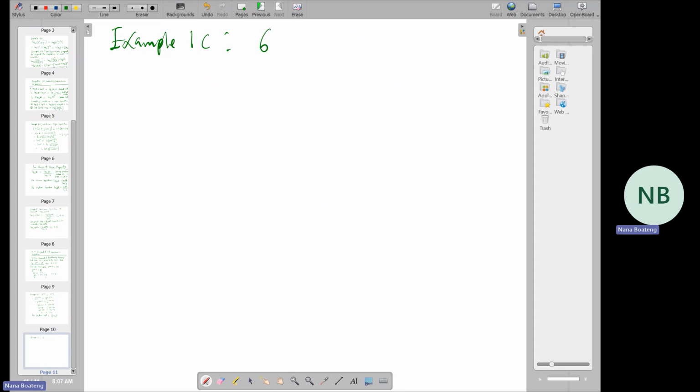And it says 625 to the power x is equal to 1 divided by the square root of 5. All right, so 625 can be expressed as a power of 5, and the square root of 5 can also be expressed as a power of 5.